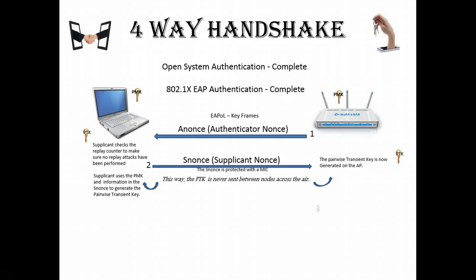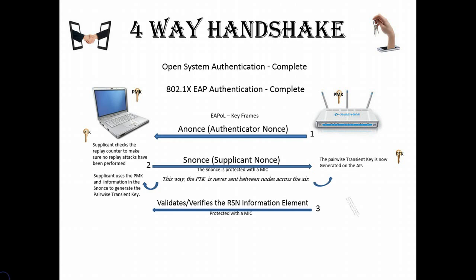Now, frame number 3 is basically a verification of the robust secure network information element, and it's also protected with a MIC. But before we go any further, I'd like to bring in what is called a group master key, and the group master key is generated on the access point. This group master key is important because it generates a key called the group temporal key.